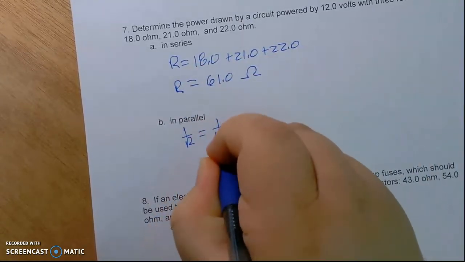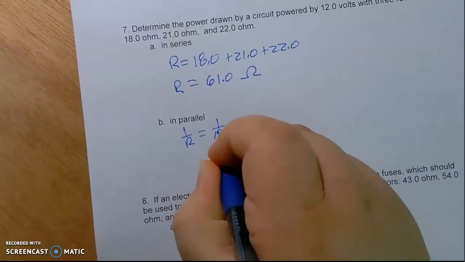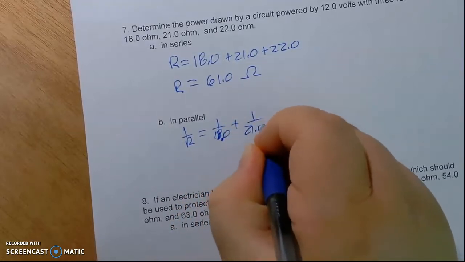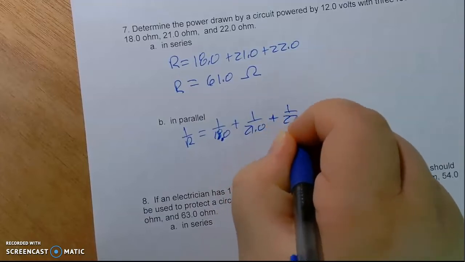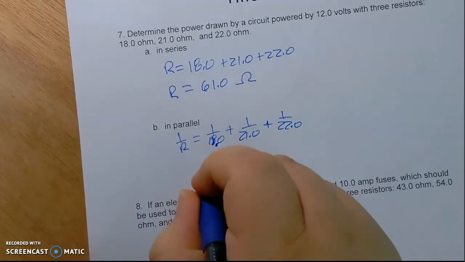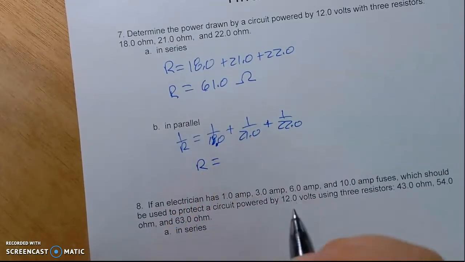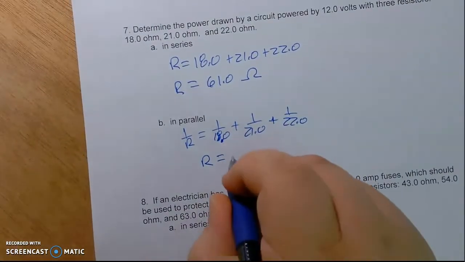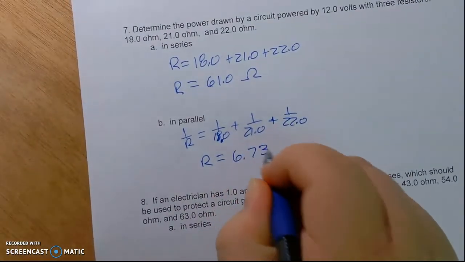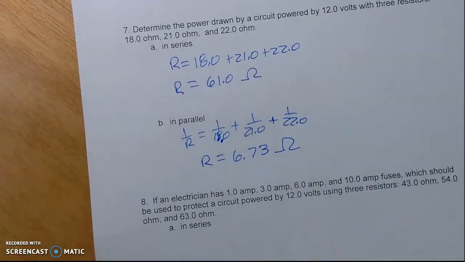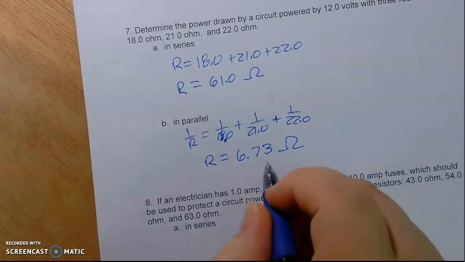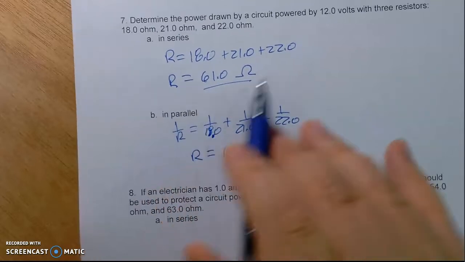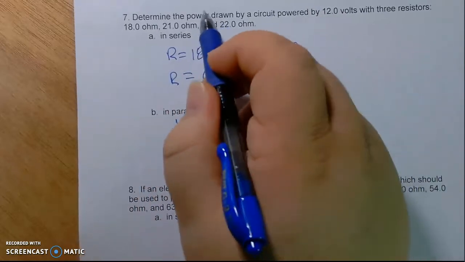For parallel, it'd be 1 over each of those. Make sure we get the decimals in there. With the reciprocals, using the calculator, we get 6.73 ohms. Now those are just the effective resistances. The problem asks us to find the power.